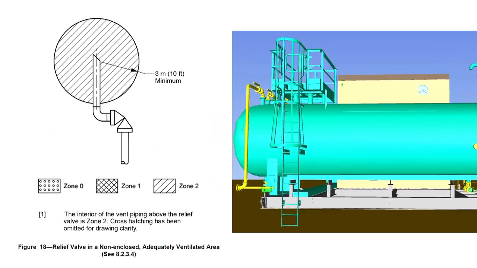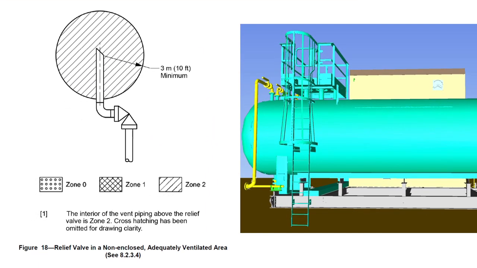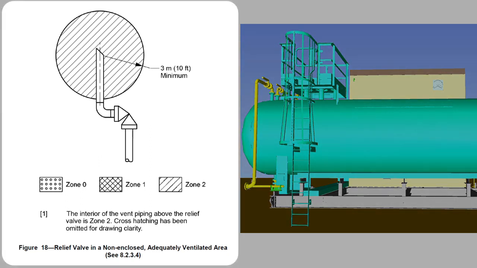Another approach is to use simplified methods to classify the PSV. ExHAC provides a list of codes and standards that comply with the general principles of the IEC standard. API RP505 is listed as a suitable source of guidance, and incorporates a diagram that is directly applicable to our situation.